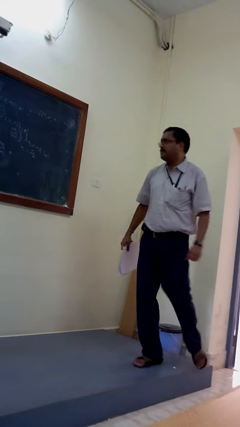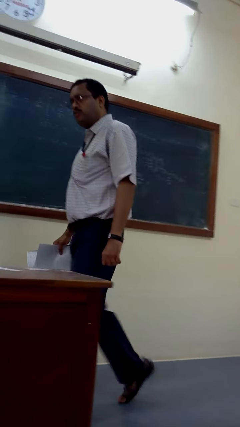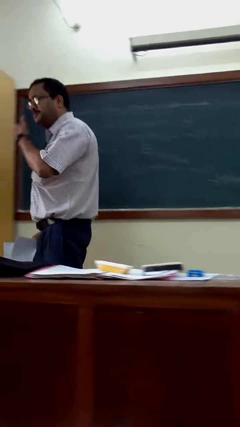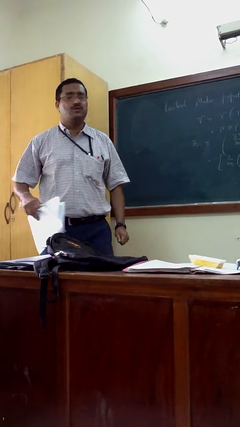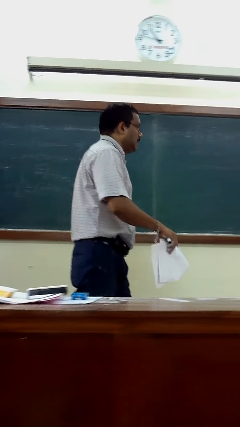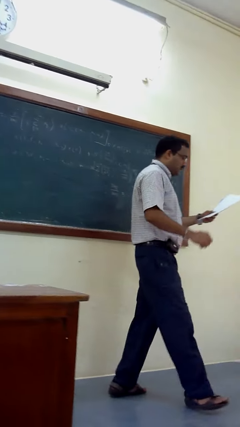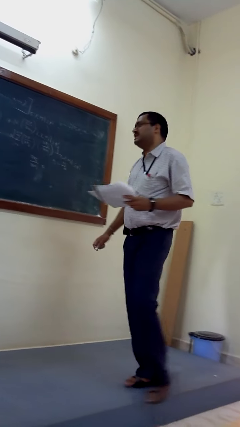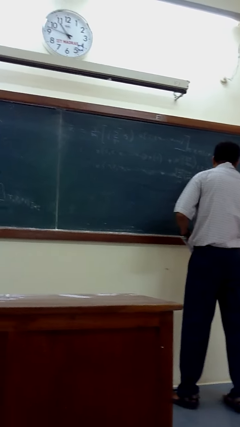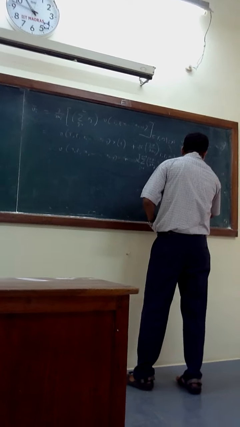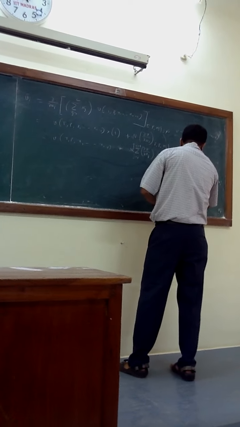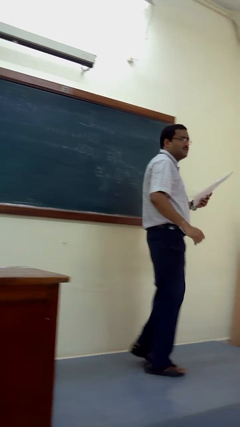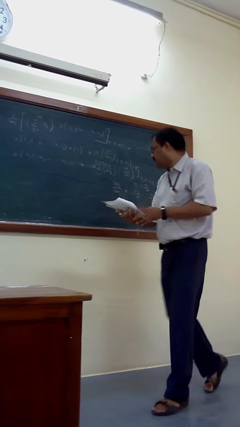We have done it earlier, last Friday. If you have your class notes, you can actually find out. ∂x_j/∂n_i is delta_ij by n minus x_j by n. Correct? Okay.